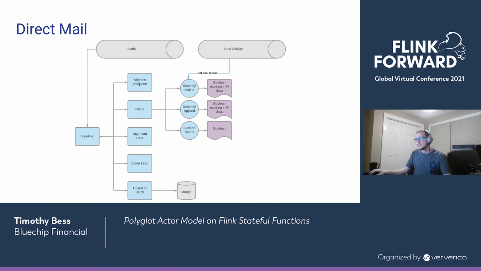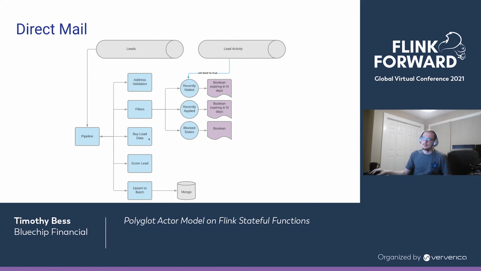There's address validation, and a bunch of filters that use Flink State a lot. A lot of it relies on the fact that Flink State can be expired. If we want to filter something out, we can set a Boolean to true, expire in 30 days. If we've mailed them in 30 days, which we know based on an activity topic, filter them out equals true for 30 days, and then it expires, and then we can mail them again.